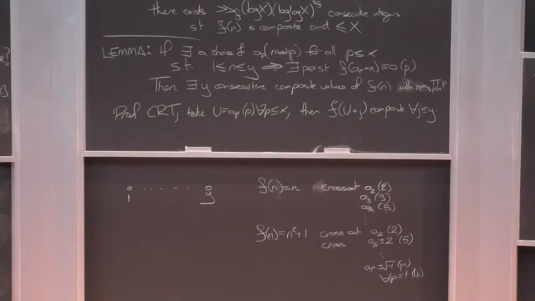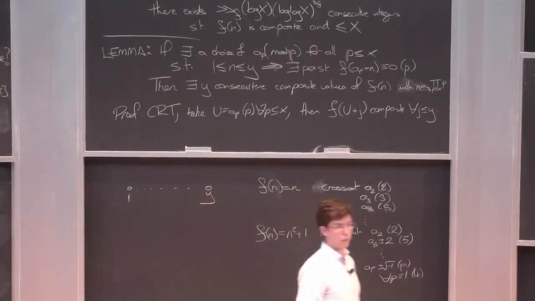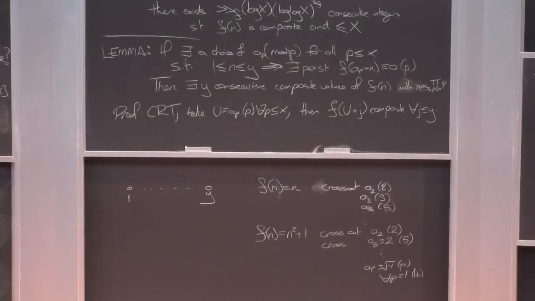Okay. Seeing no further questions, I want to recall how Sintsov and then Erdős and Rankin were able to do better than the trivial bound by a modification of this argument using this trick to do with smooth numbers, and then why it doesn't help for consecutive values of a more general polynomial.